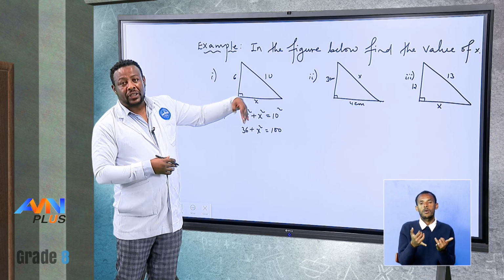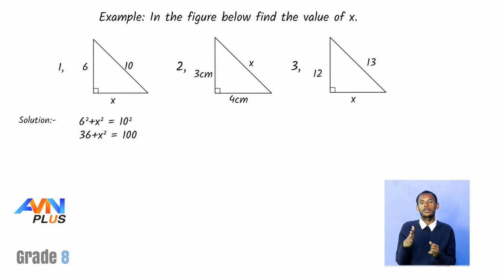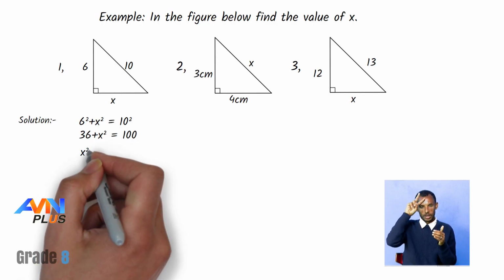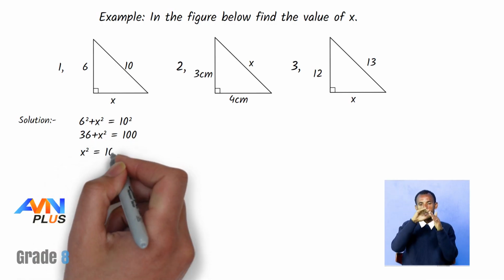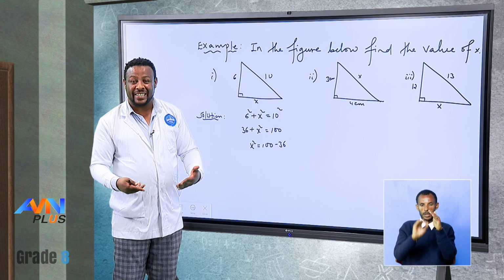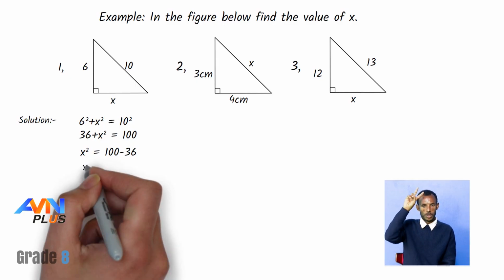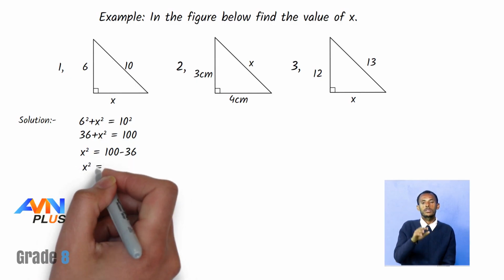Now you can take 36 to the right side, then this equation becomes x square is equal to 100 minus 36. The difference between these two numbers is 64. So x square is equal to 64.